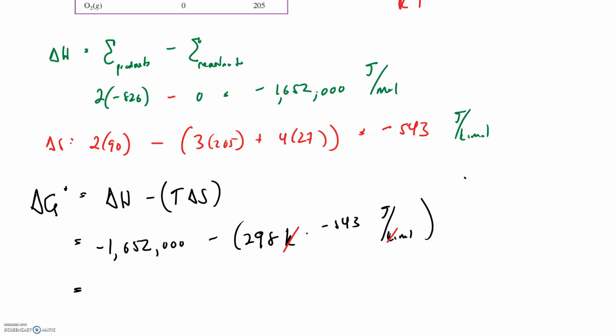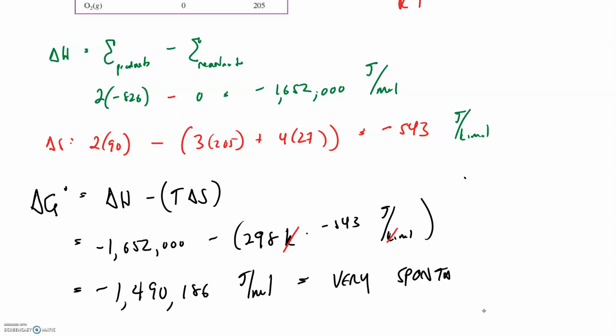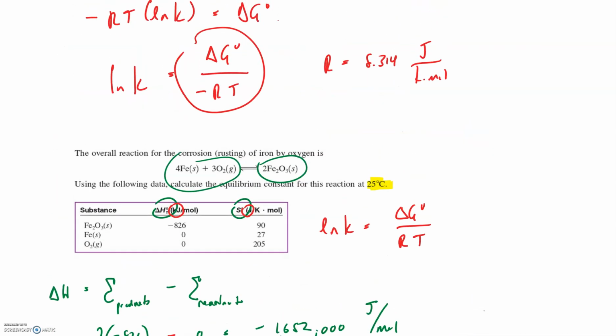Plug this into our calculator, and we get negative 1,652,000 minus 298 times negative 543. And we get negative 1,490,186 joules per mole, which means very spontaneous. What that means is that this reaction is going to run towards the products. It's very spontaneous. So what we want to do is find this value for K.